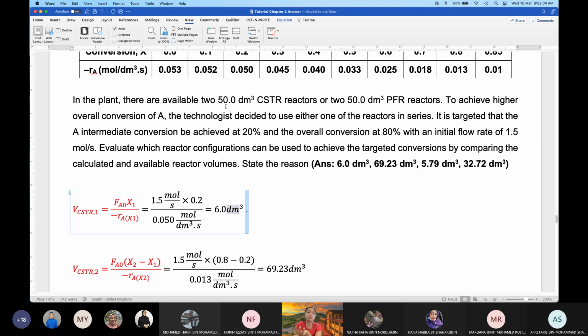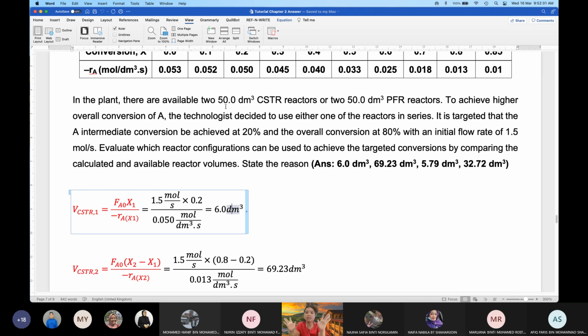So it is not enough because you only have 50 dm cube, but actually the calculation says you need at least 69. So you can say that this configuration, although the first one can be used, the second one cannot be used, the entire configuration cannot be used. Because to achieve 80%, both reactor volumes must be fulfilled. Only then can you use the reactors.